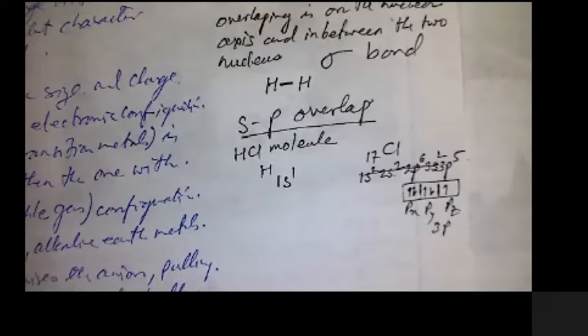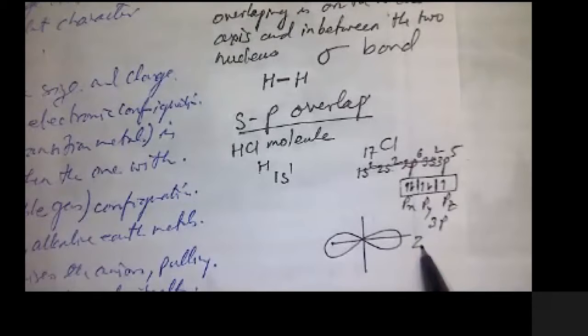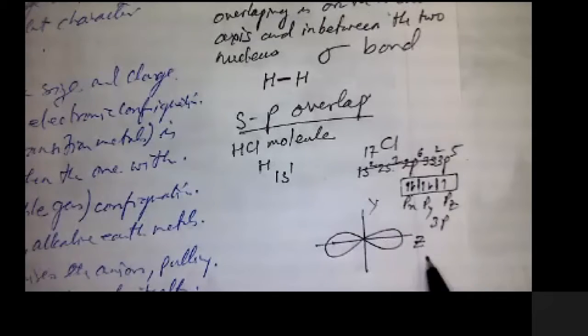So one electron in each one, and then the fourth one, fifth one. So what is left? Only one electron is left unpaired, and that electron is in Pz. That means, P is dumbbell shaped. Suppose I say this is Pz, that means this is your Z axis, and this can be the Y axis.